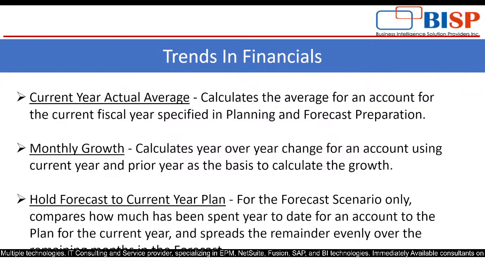Third one is YTD forecast to current year plan for the forecast scenario only. It means that this method is only applicable for the forecast scenario and compares how much has been spent year to date for an account to the plan for the current year and spreads the remainder evenly over the remaining months in the forecast. Okay, so this was a little introduction to trend analysis.